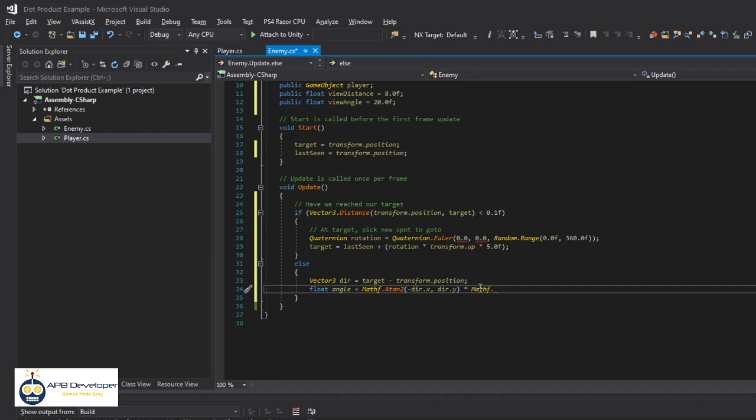And ATAN returns a value in radians, so we just need to multiply by Rad2Deg to give us a value in degrees. So that gives us the angle we need to be pointing to move towards our new target point. What we'll do is create a quaternion to do the rotation based on that angle.